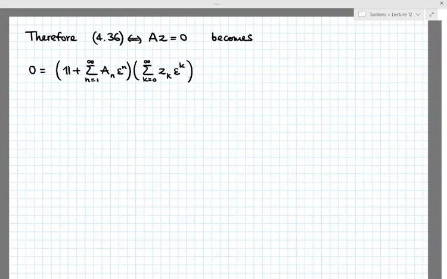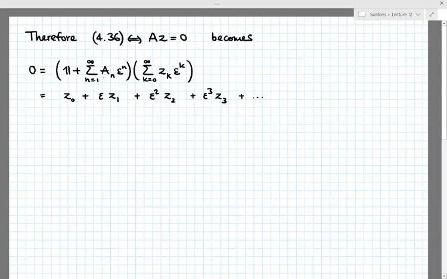So let's just expand this out in a formal power series in epsilon and collect terms of the same order in epsilon. So first I'll act with the identity operator on Z, and I get Z naught plus epsilon Z1 plus epsilon squared Z2 plus epsilon cubed Z3 plus higher orders in epsilon.